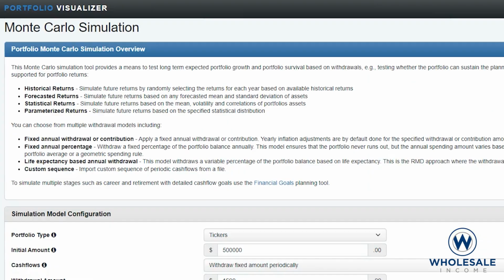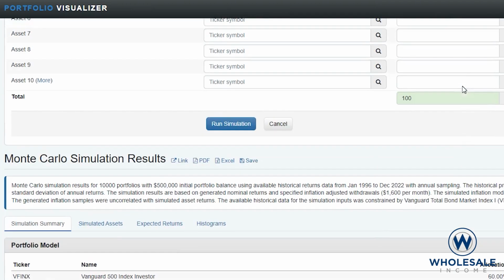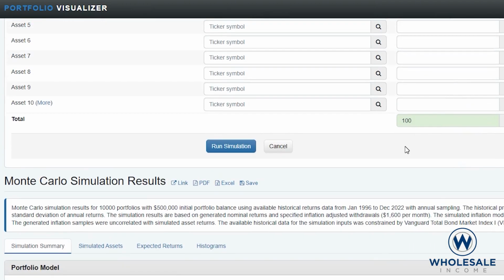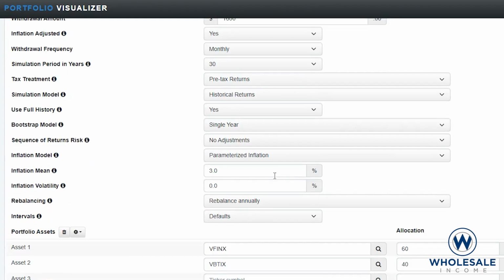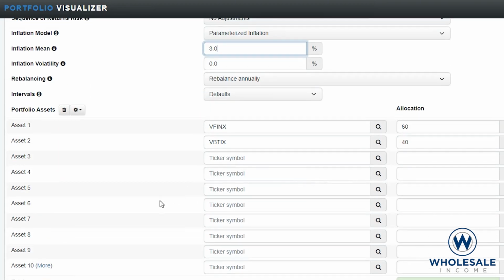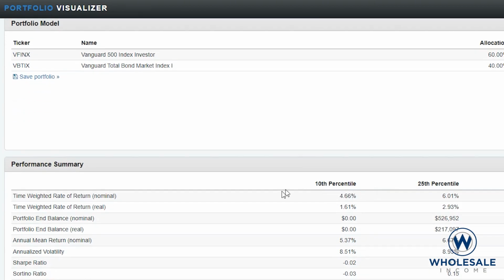This is as close as you can get to a 60-40 cookie cutter Wall Street approach to managing your money with $500,000 and pulling roughly 4% a year out, increasing over time. That 3% inflation applies to your income as well as to the portfolio. So what happens over time?